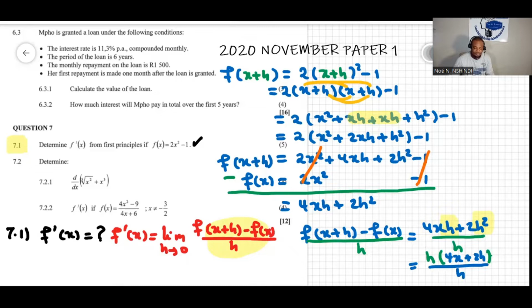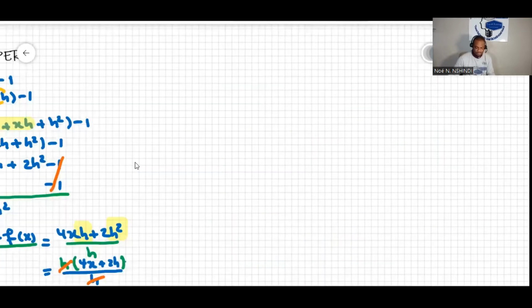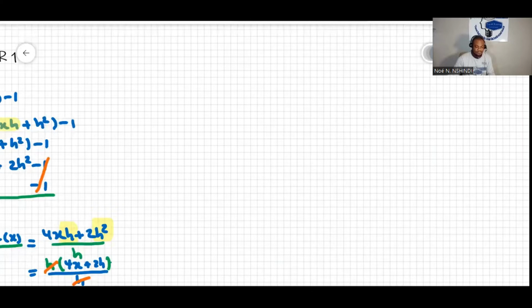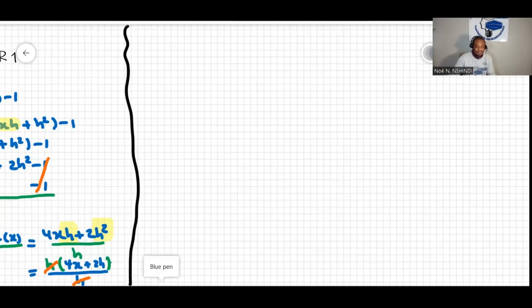Now you can simplify the h, and we have f of x plus h minus f of x all over h equal to 4x plus 2h.